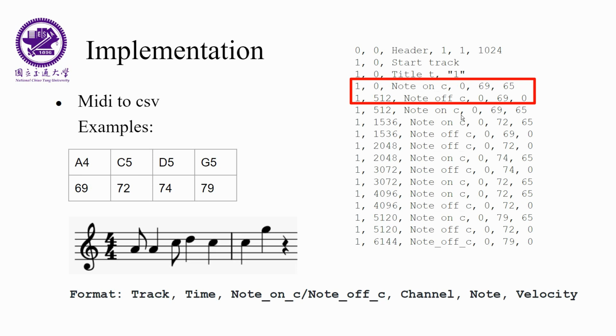So the most important three parts are the beginning and the ending notation, the beginning time and the ending time, and the number of the notes. 69 according to the table means A4. So those three parts are the most important.